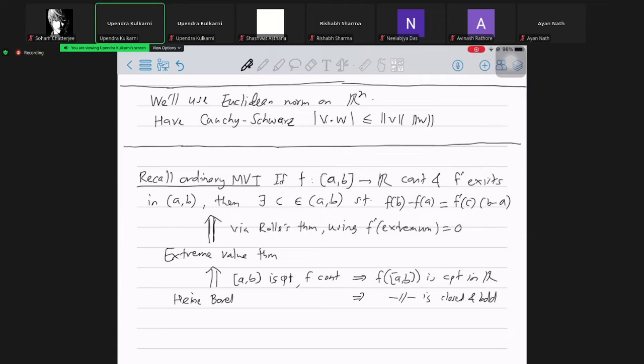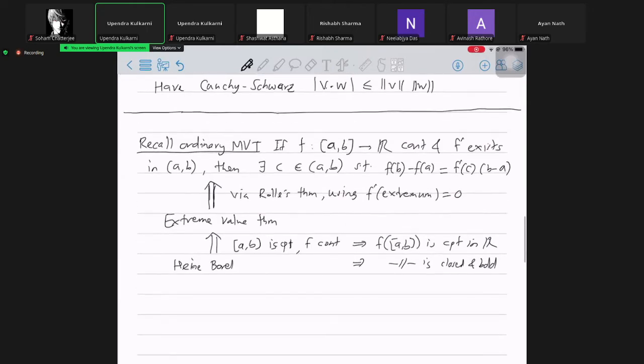So now the question is, do I have something like this in the multivariable situation? So if you were to guess, do we have an analog in multivariable situation?